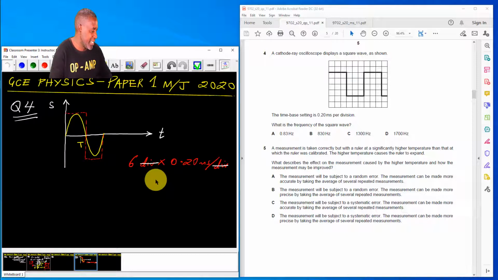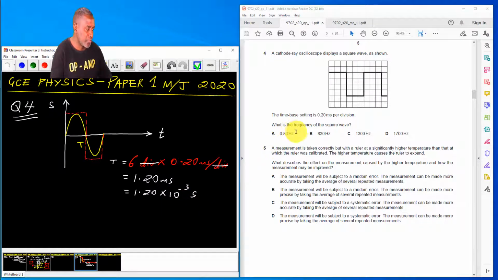I'm left with milliseconds. So remember here I'm working out the periodic time, which is going to be equal to 1.20 milliseconds. The same as 1.20 by 10 raised to minus 3 seconds.